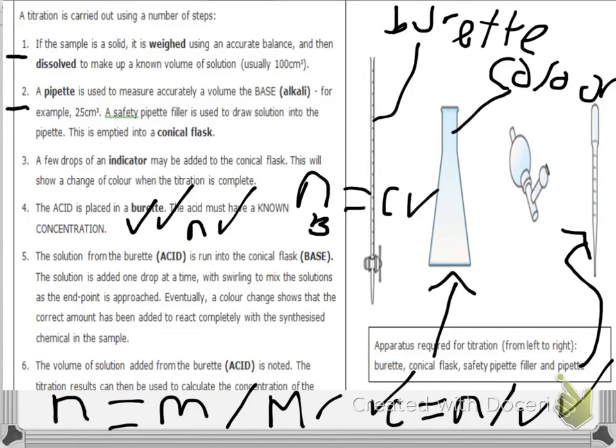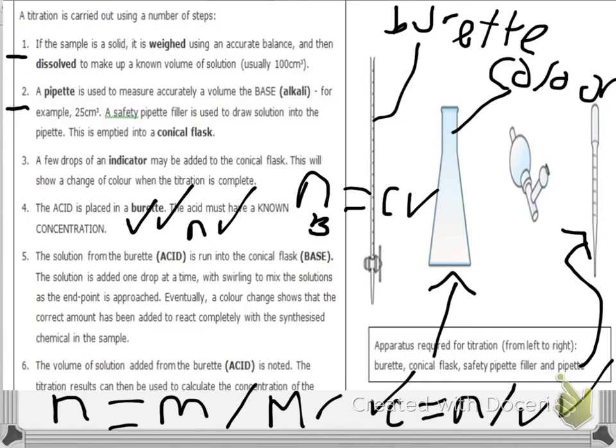So the solution from the burette is added to the base a drop at a time with swirling until the end point is approached. That's the point at which the neutralization happens. Okay, and eventually you get a colour change to see that it has completely reacted.